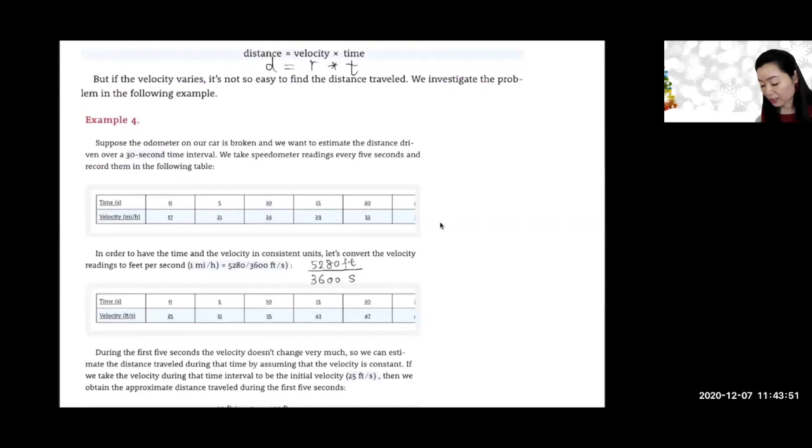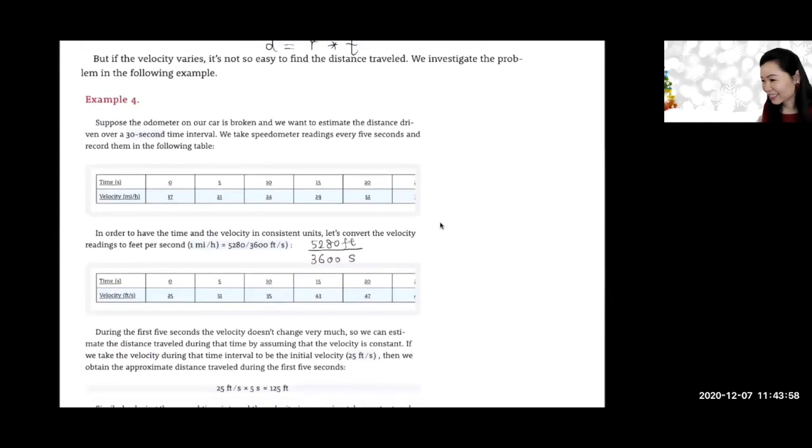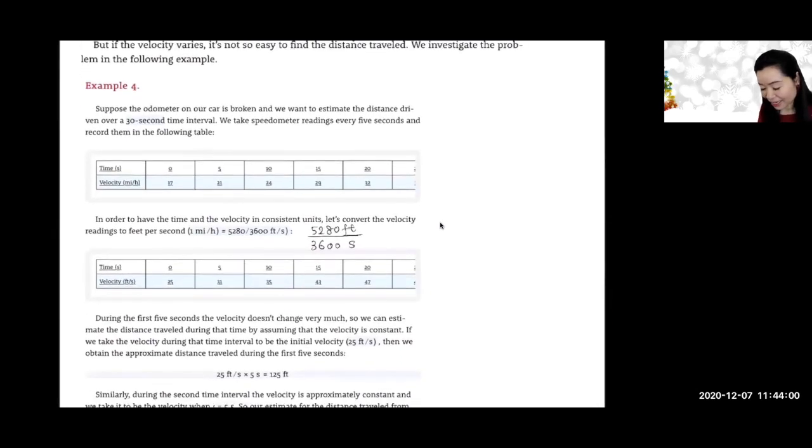We can take the speedometer reading every 5 seconds. You might wonder, why do you want to do that? So every 5 seconds you read that reading.